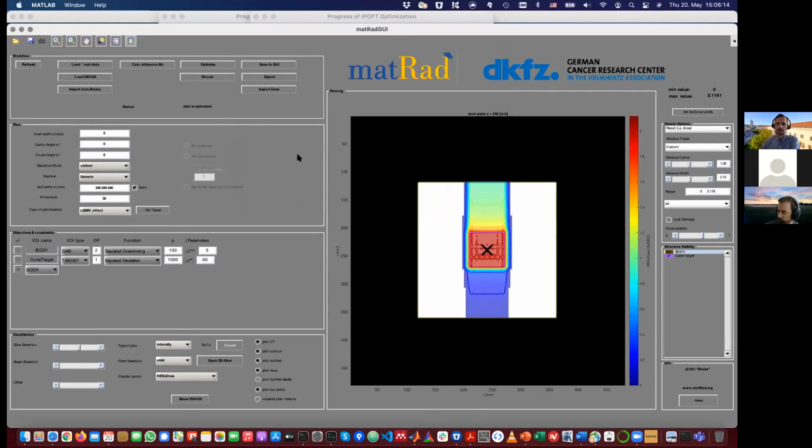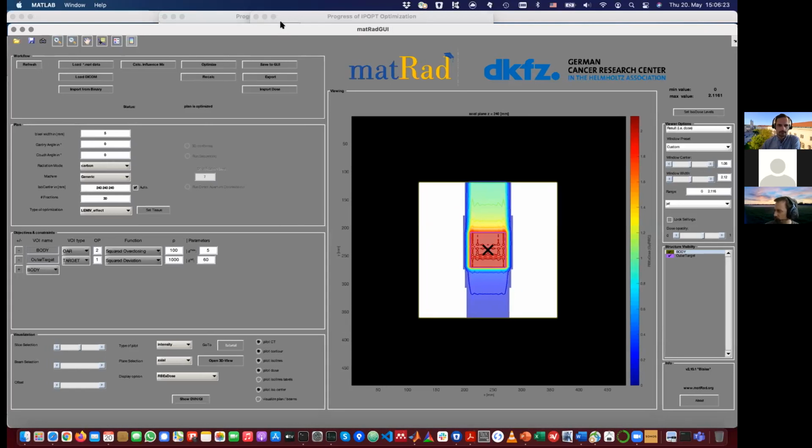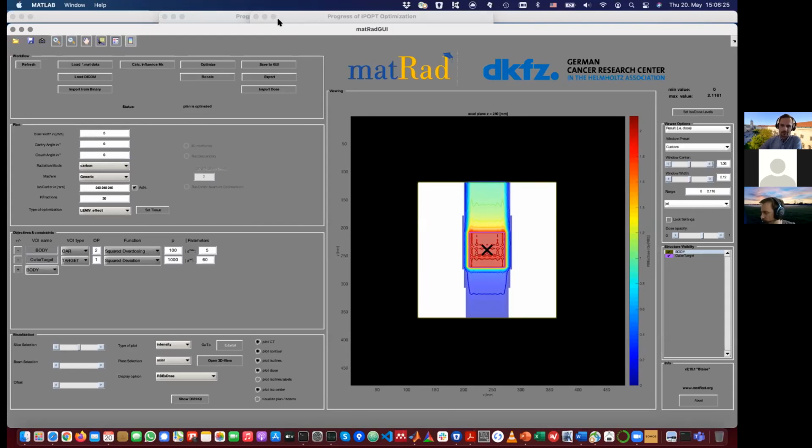And this is the reference tissue we're using for biological optimization. Basically we say all our water box, all our tissue, has this specific radiosensitivity in the photon world.